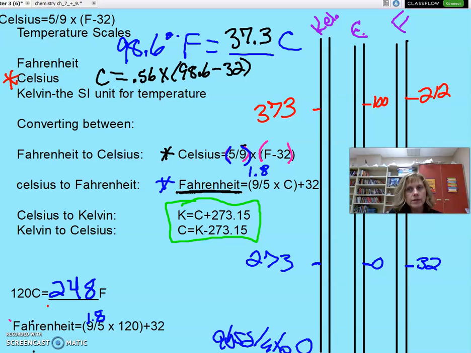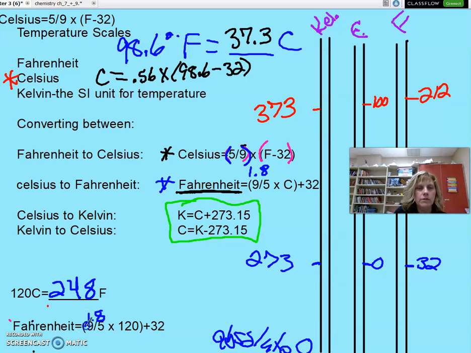Then if I'm given the Celsius temperature and I want to find Fahrenheit, I'm using the other equation, and again I just plug in this 120 degrees Celsius into the formula. If you use 9/5, I just use 1.8 because it's the same thing, just converted to a number instead of that fraction.